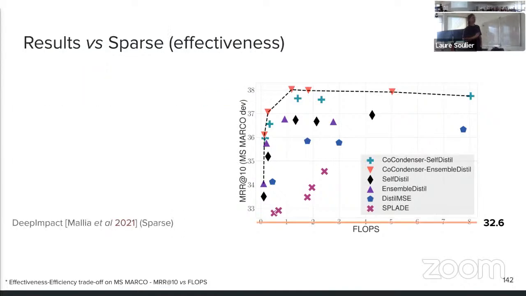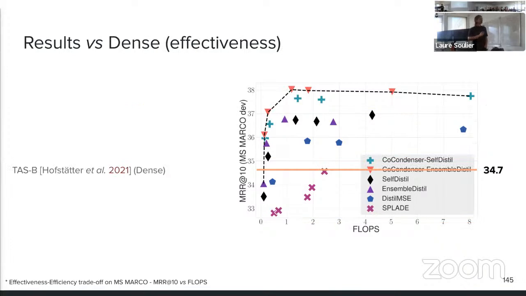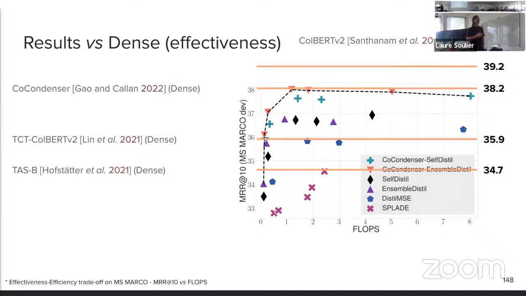So if we compare to sparse approaches, just in terms of effectiveness here, so we are not comparing efficiency, we see that we have state-of-the-art results on the MS MARCO dataset. And now if we compare to dense models, we see that we have results that are competitive with the state-of-the-art. We are still a bit under the ColBERT v2 model, but it's a model that is a bit more costly.